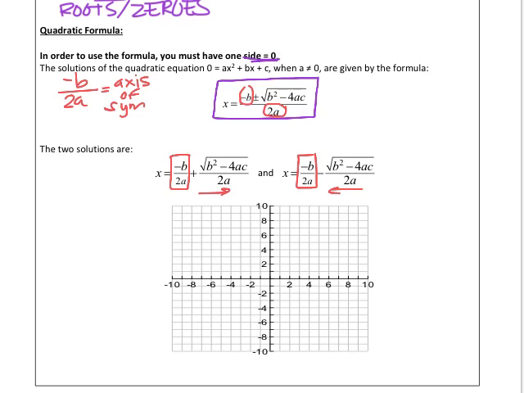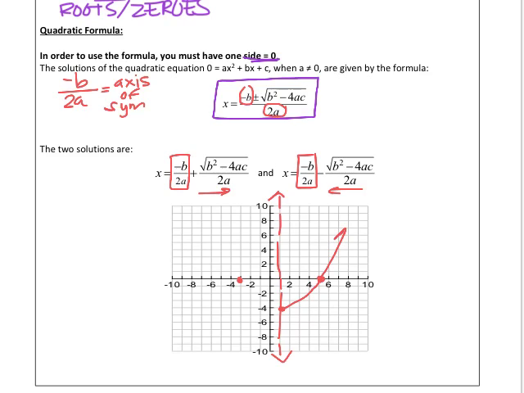So if, let's just say, for instance, our axis of symmetry happened to be 1. Okay, so if that negative b over 2a came out to 1, and let's say that our solutions ended up being 5 over here and negative 3 over here. All right, and our minimum point, our vertex, is going to be at negative 4.